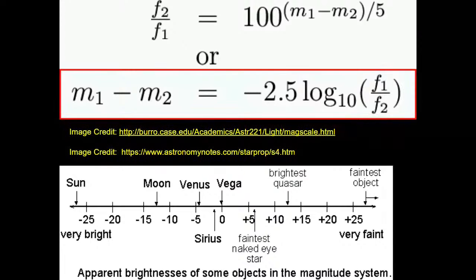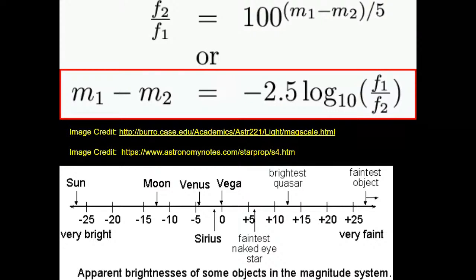Now it turns out that when our eyes look at objects like stars, whether some star is brighter by twice the amount or thrice the amount, the response of our human eyes goes in a logarithmic fashion.